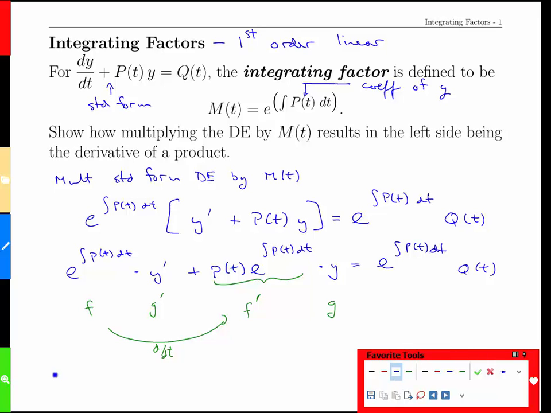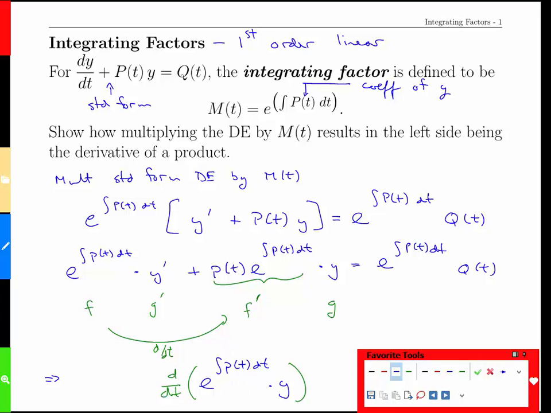And what this does is guarantee that what we have is the derivative of simply the exponential times y. It seems so simple to say this, but it catches people all the time. This left-hand side is exactly equal to the derivative of this exponential times y.